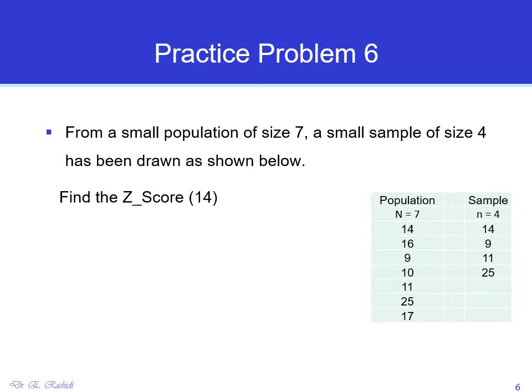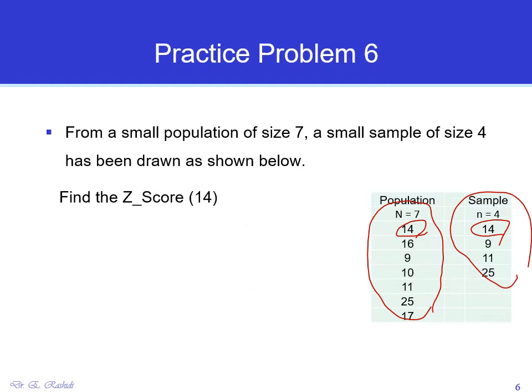So you need to find two Z-scores of 14, one in the population and one in the sample, because as you know, the standard deviation of the population is going to be different. The formula is different also here because we have different numbers in the sample. They are in the population, but not all of the values in the population are in the sample. So we're going to have different averages and different standard deviations for these two sets, so we're going to expect to have different Z-scores.